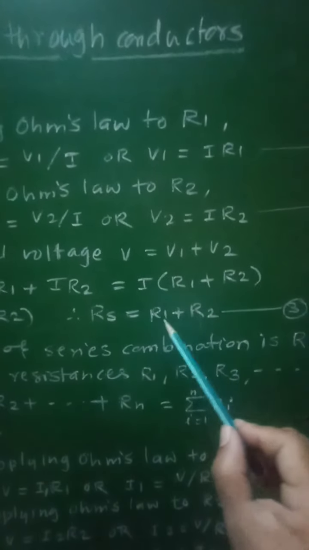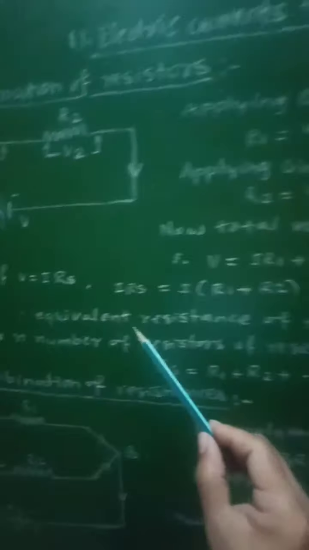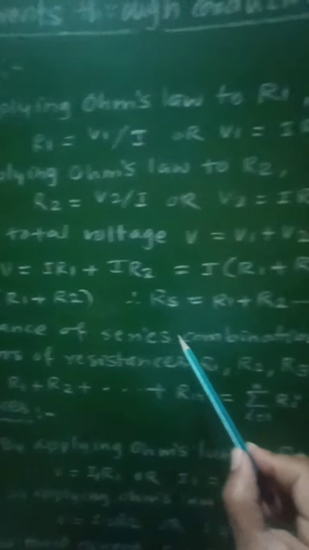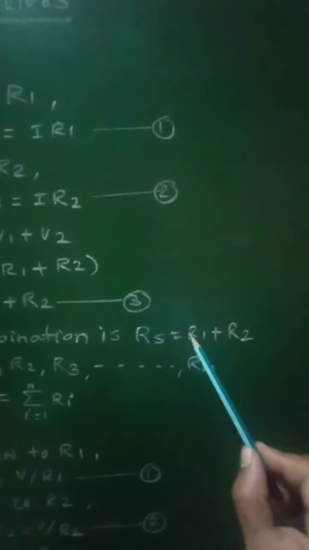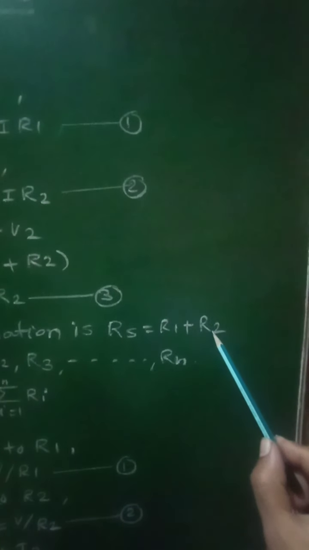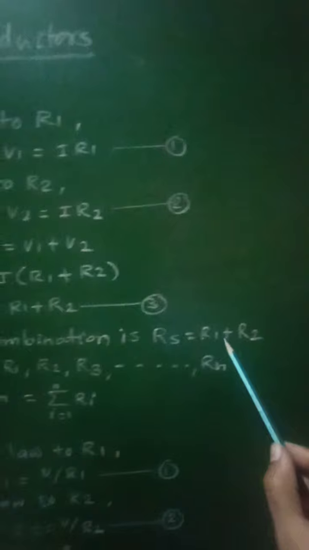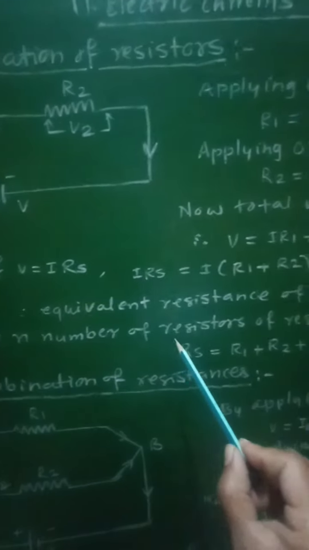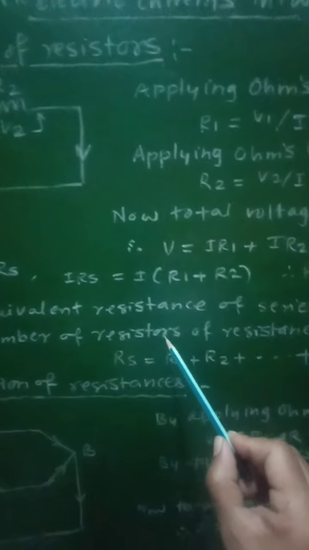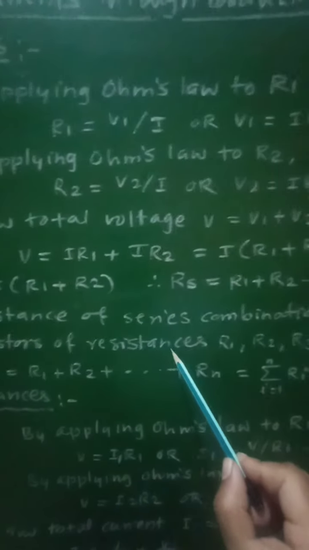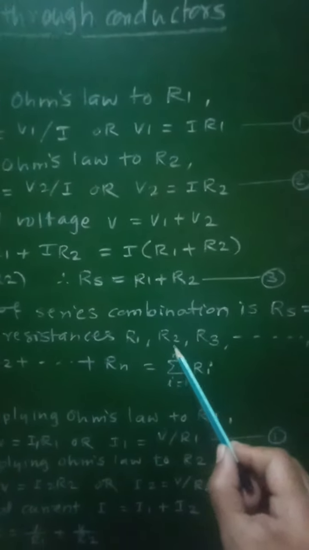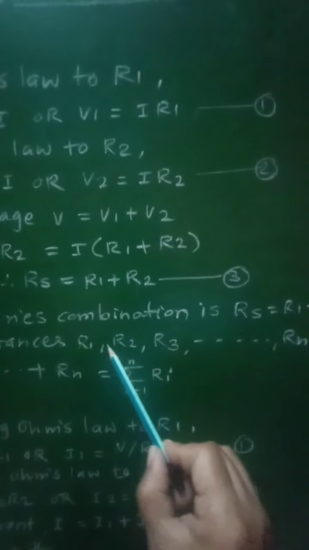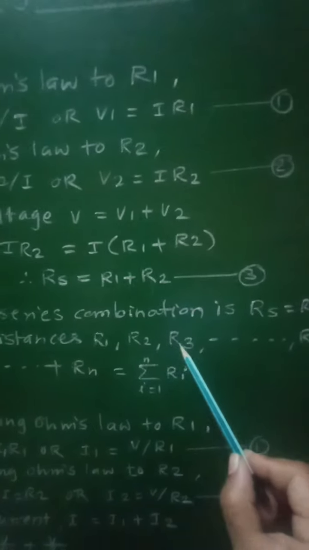Now here we have written that the equivalent resistance of the series combination is RS equal to R1 plus R2 only for two resistors. But instead of that, if you consider n number of resistors of resistances R1, R2, R3 ... Rn, these are the values of n resistances.